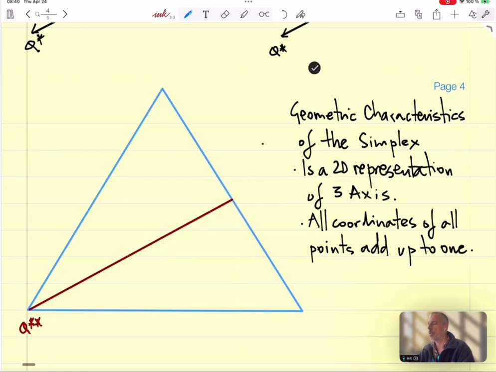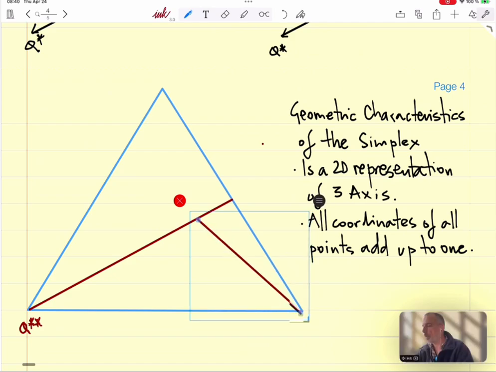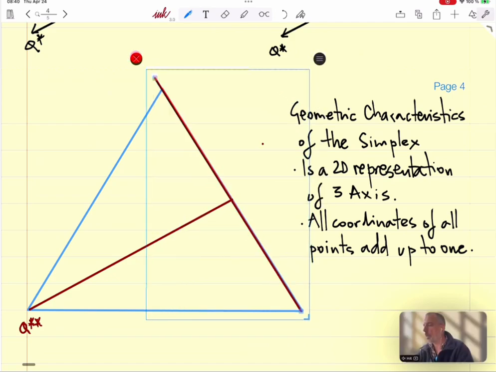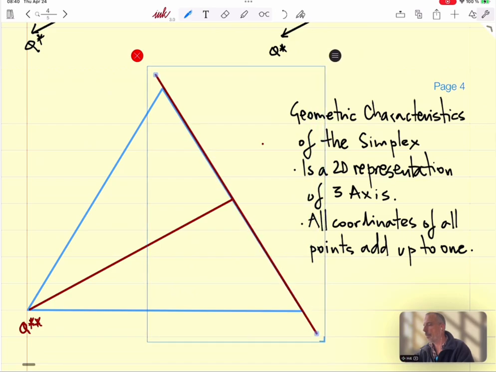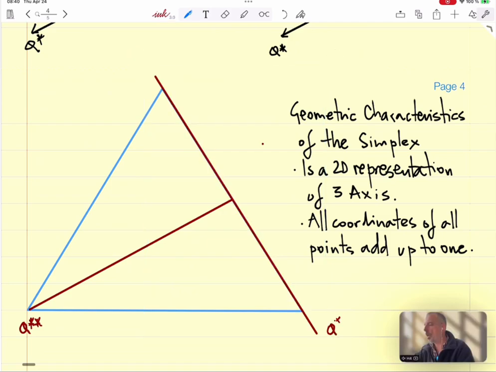And now please pay attention. All the points in this line have a Q star star value of 0. Okay? This point has a Q star star value of 1. Of course, this point has a Q star star value of 0.